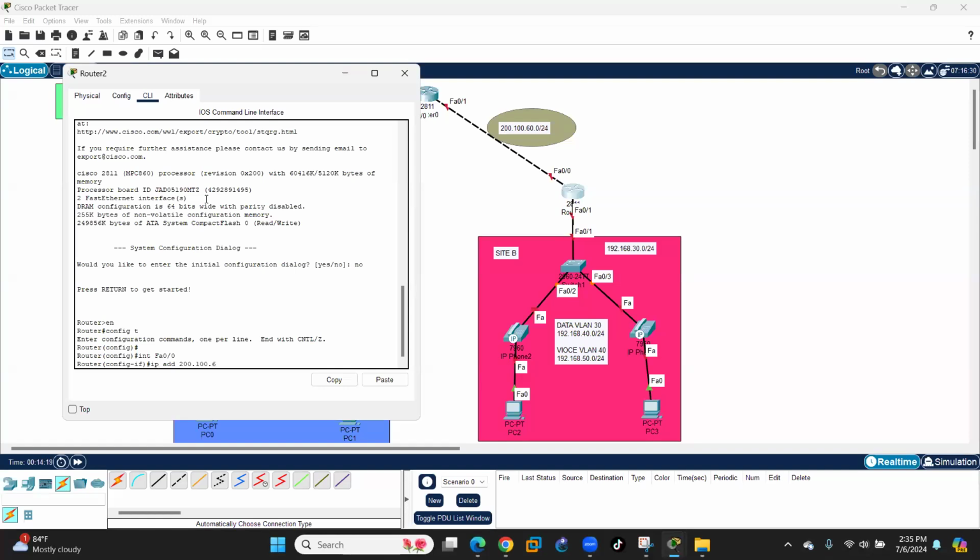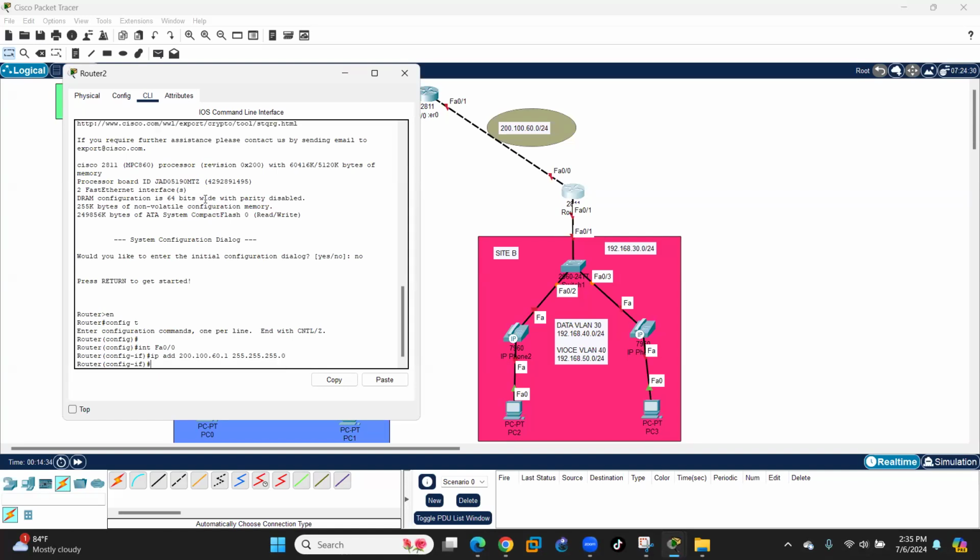So I have a question. Yes, sir. Are we using that IP for site A now? Which IP? The one outside, router? Okay, I've gotten it.